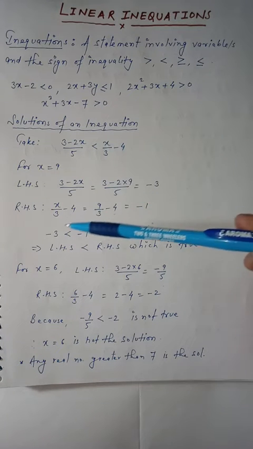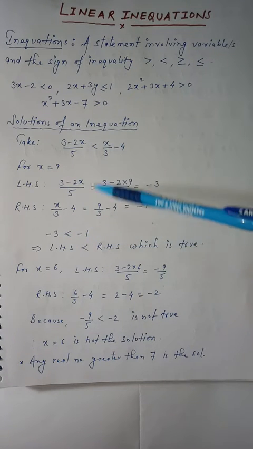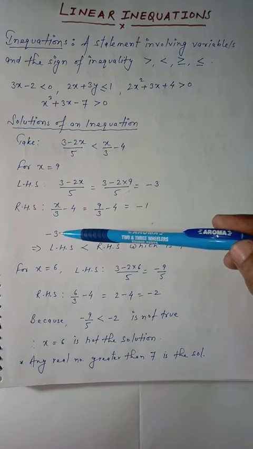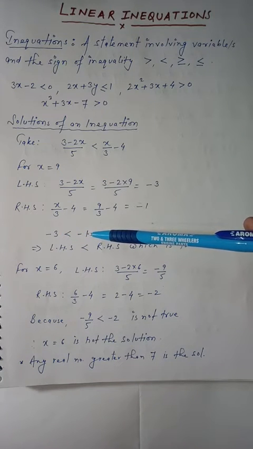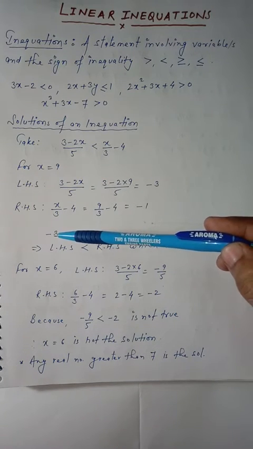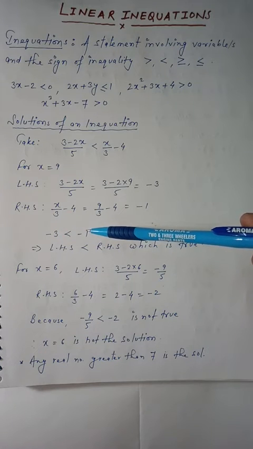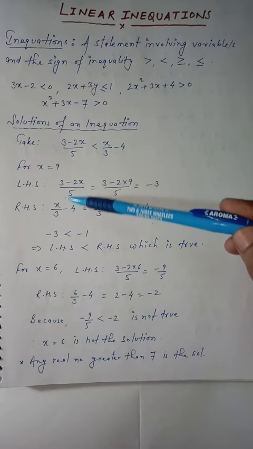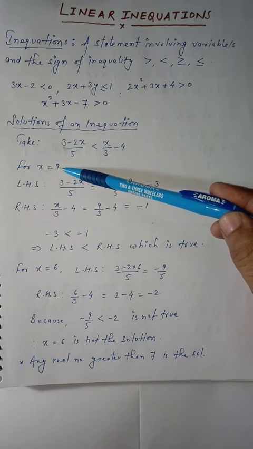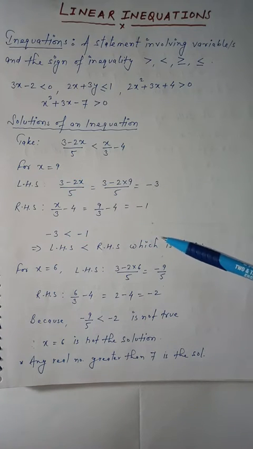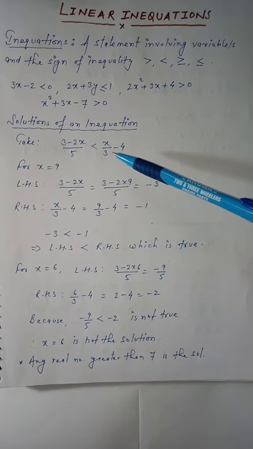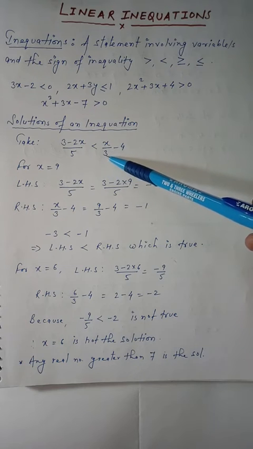So it means minus 3 less than minus 1, and we already know that minus 3 is less than minus 1. It means this result is true for x equal to 9. So we will say that x equal to 9 is a solution of the given inequation.